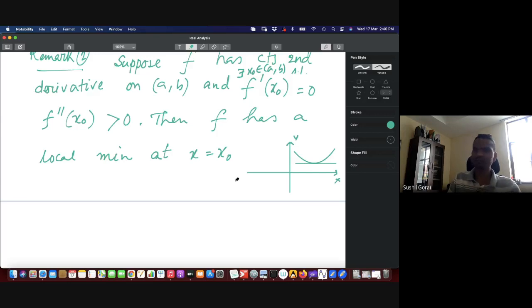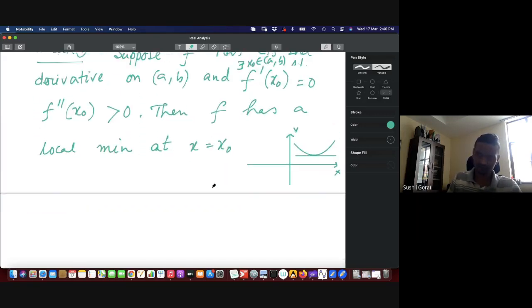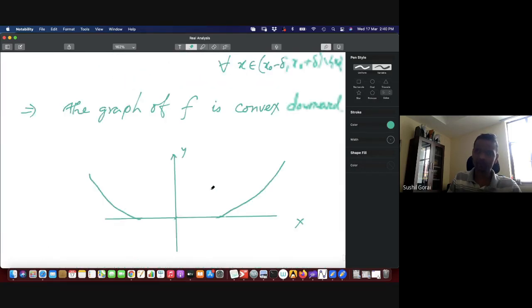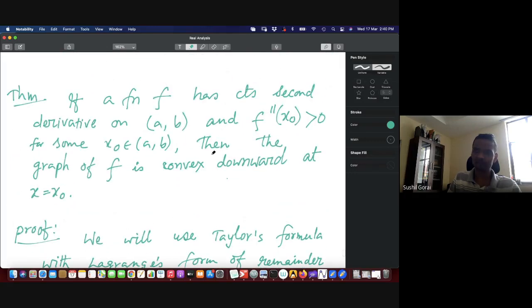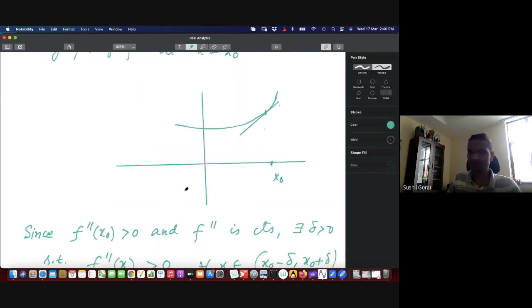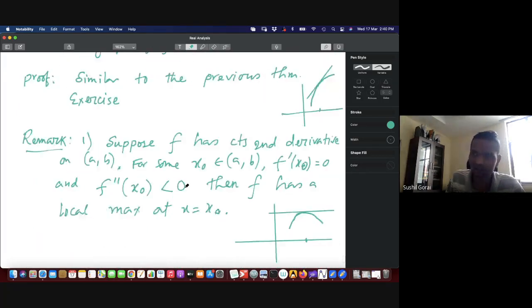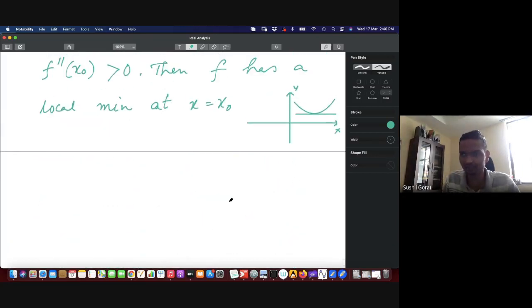So it comes in this picture. All right, so this comes from the proof here. Convex downward, but when f prime x naught is equal to 0, then it will have a minimum there, because the graph must lie above the tangent line. This picture.